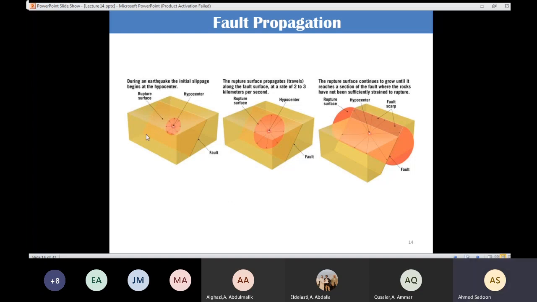And as a result, energy is going to be released in the form of energy waves or seismic waves. And since they are waves, we need to know how to measure the different types of waves that are going to be released from the earthquake.